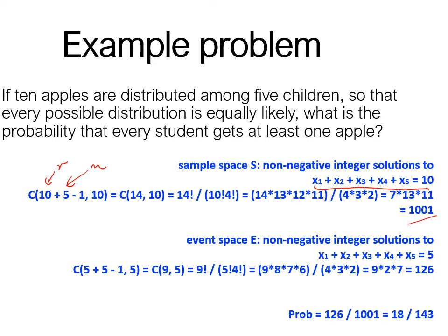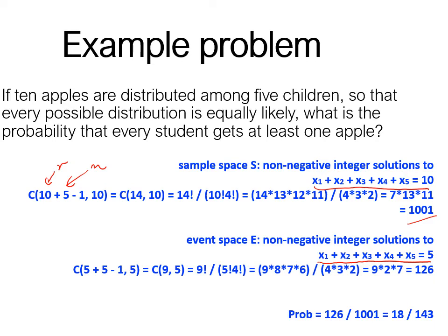Now let's look at our event space E. So event space E are all non-negative integer solutions to the following integer equation. How do we get this? Well, we have to give at least 1 apple to every student. So this equation represents the original equation, except that all the x's have to be at least 1.